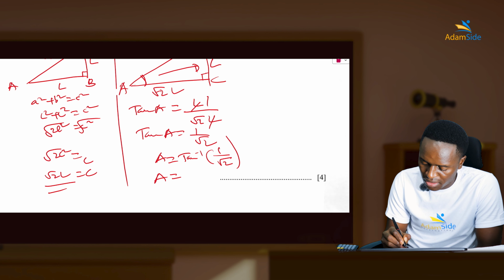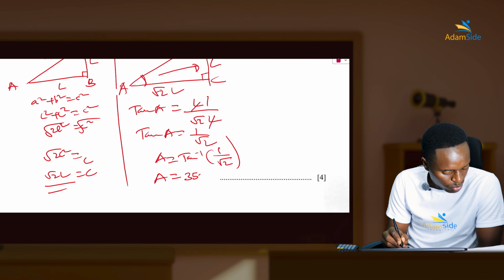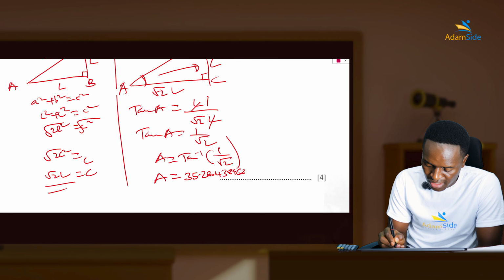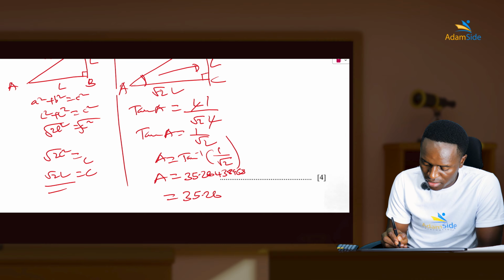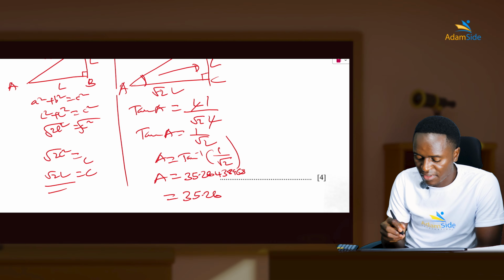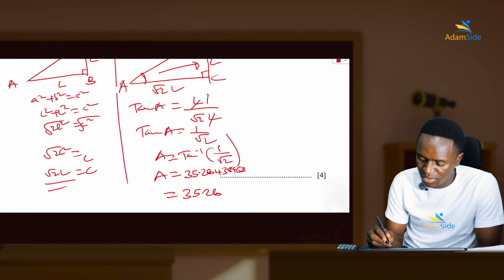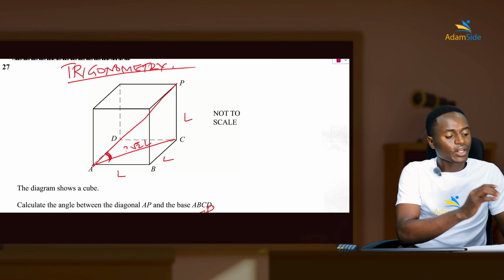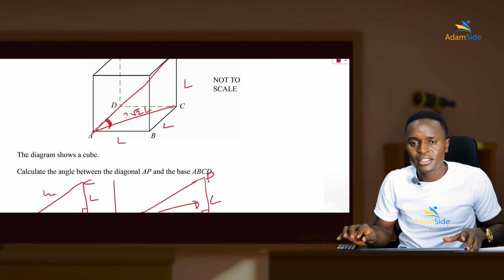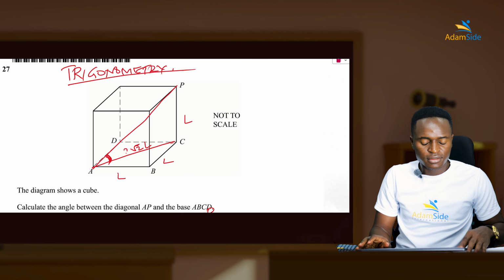So angle A is 35.26438968, which is 35.26. If you find the tan inverse, you can say 35.3 degrees. Correct.